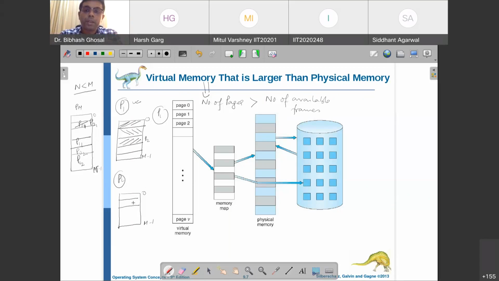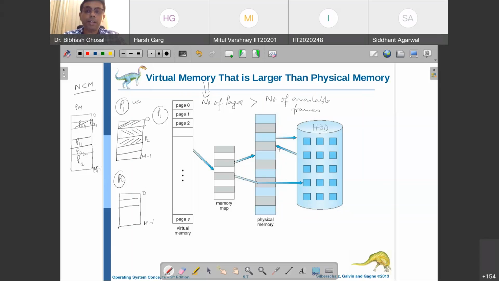Okay. And this is called demand paging. What is demand paging? You bring the page only when it is needed. Then where do these pages reside? Well, they reside in the secondary storage device. Only when they are required, they are brought into the physical memory.